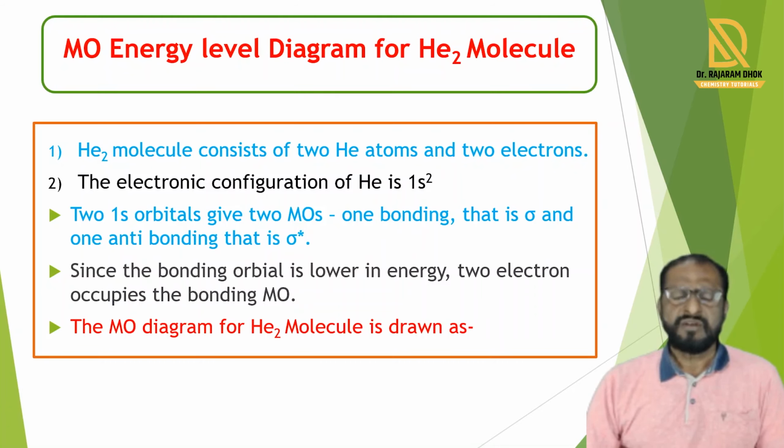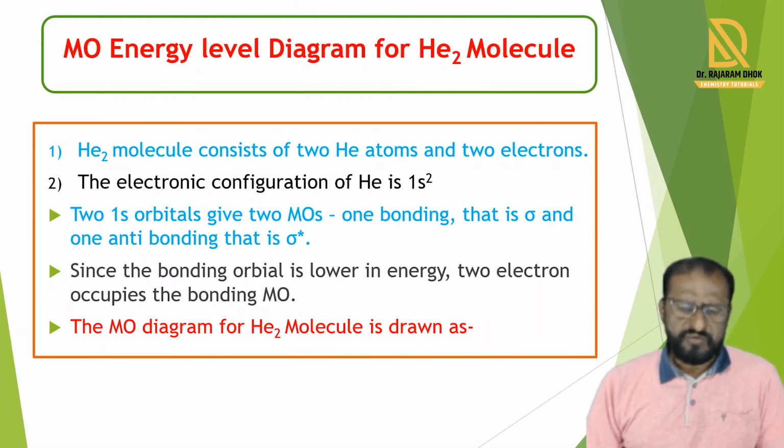One is the bonding molecular orbital, sigma, and the other is the anti-bonding molecular orbital, sigma star. Since the bonding orbital is lower in energy, 2 electrons occupy the bonding molecular orbital.